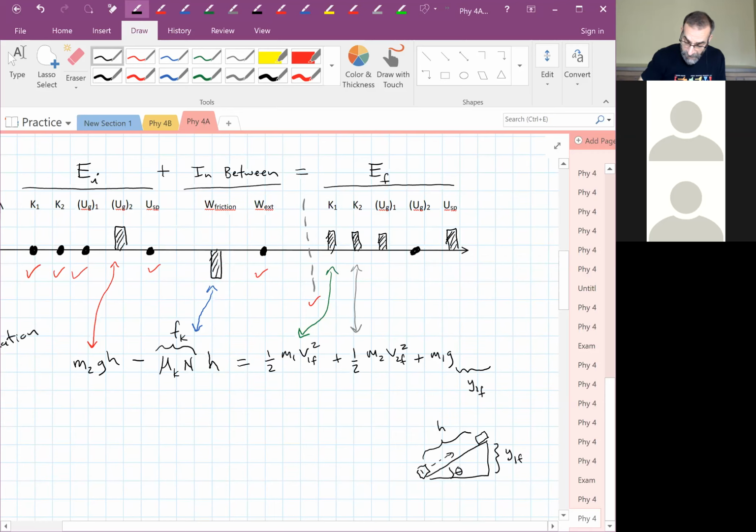This is theta. So Y1 final is H sine theta. Okay, I think that was the question for the previous one. So that's this one.